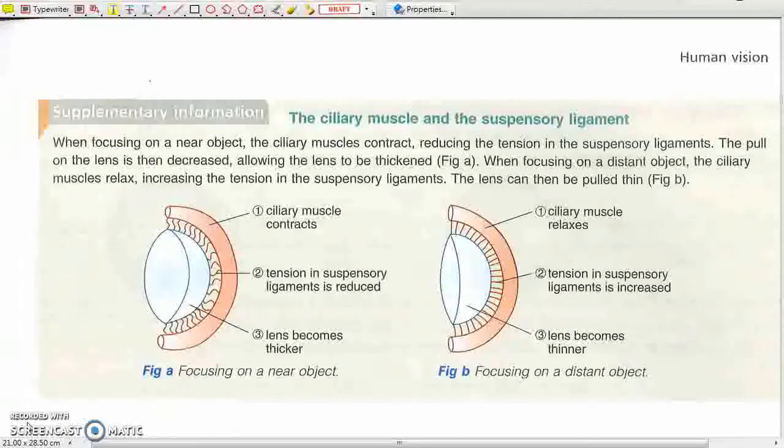focal length. On the other hand, when the eye focuses on a distant object, the ciliary muscle relaxes and becomes longer and forms a larger ring. The ligaments become taut and therefore pull the lens. Eventually, the lens becomes flattened and produces a longer focal length, and the lens becomes less converging.